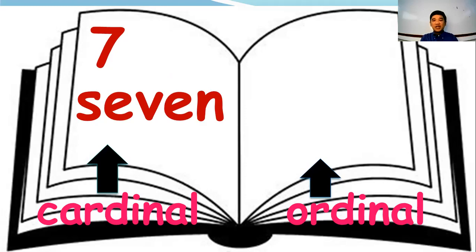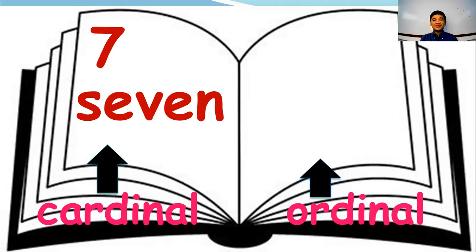I observe some of you can still pronounce it the Thai way. That is correct in Thai, but you are studying English, you are in an English program, so you have to practice to pronounce correctly in English. Everybody say seven.